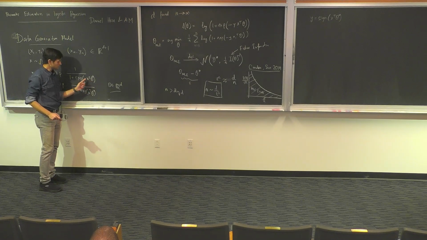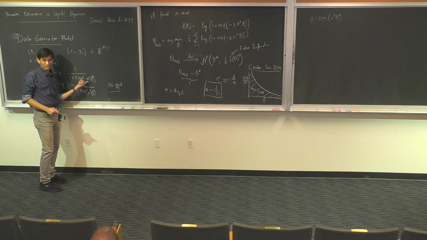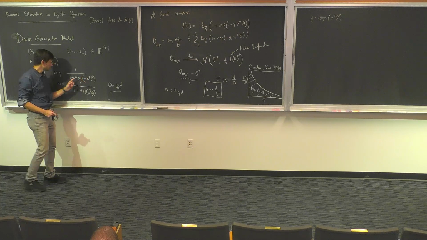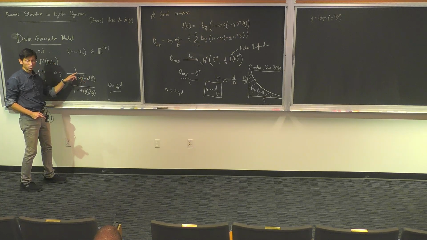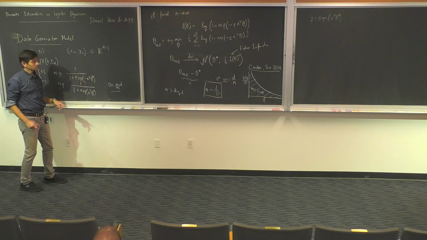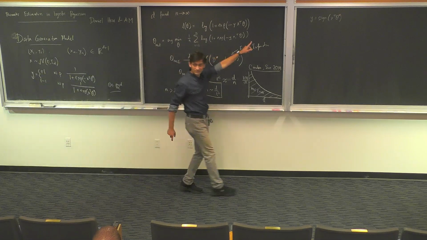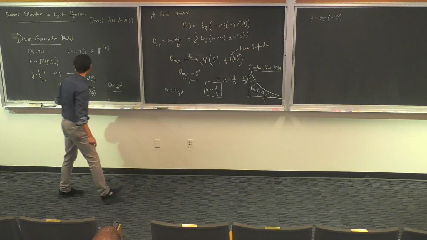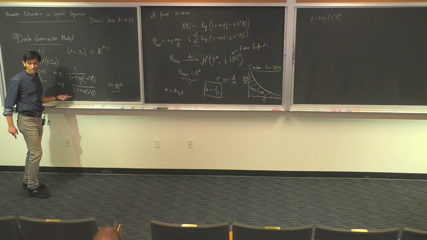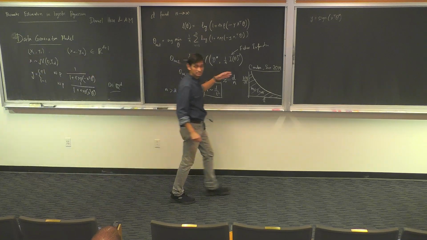So when the sign of x transpose theta is positive, this is a very large negative number in the exponent, so it is close to 0. So this is +1 with probability 1. So it's basically the sign function. Likewise, when it is negative, this thing is going to win out. So it just becomes the sign function.